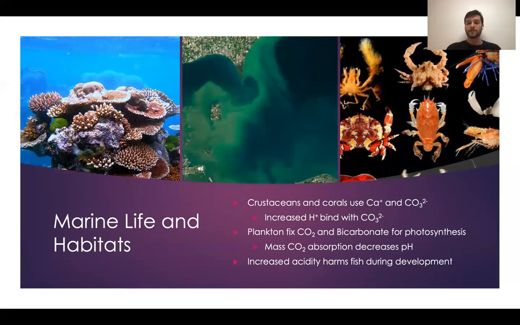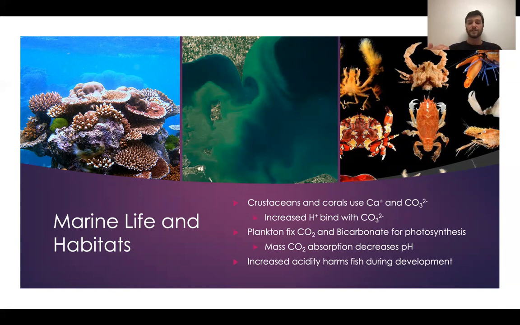Both the crustaceans and the corals use this carbonate. So when there's more carbon dioxide, there's more carbon dioxide mixing with the water, creating carbonic acid. More carbonic acid mixes with the carbonate ions, and there's less carbonate ions available for these creatures to use for their shells and for their structures.